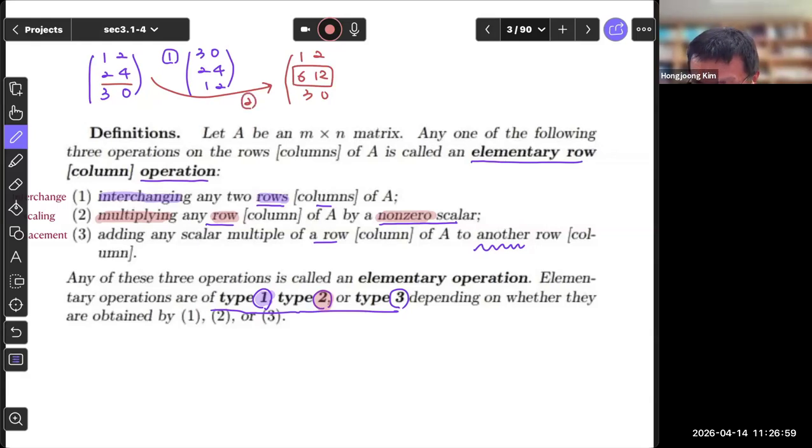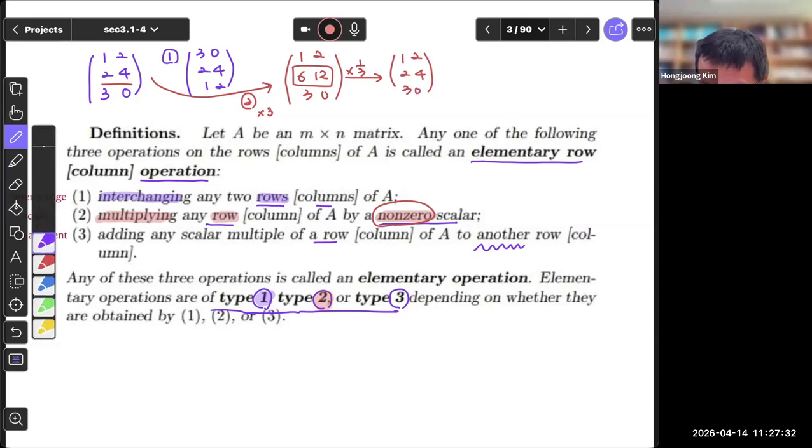Since I multiplied a non-zero value, here I multiplied 3 in this case. If I multiply its reciprocal, the reciprocal always exists because I'm considering a non-zero value. In other words, if I multiply 1/3 to the second row, you get 1, 2; 2, 4; and 3, 0, the original matrix.